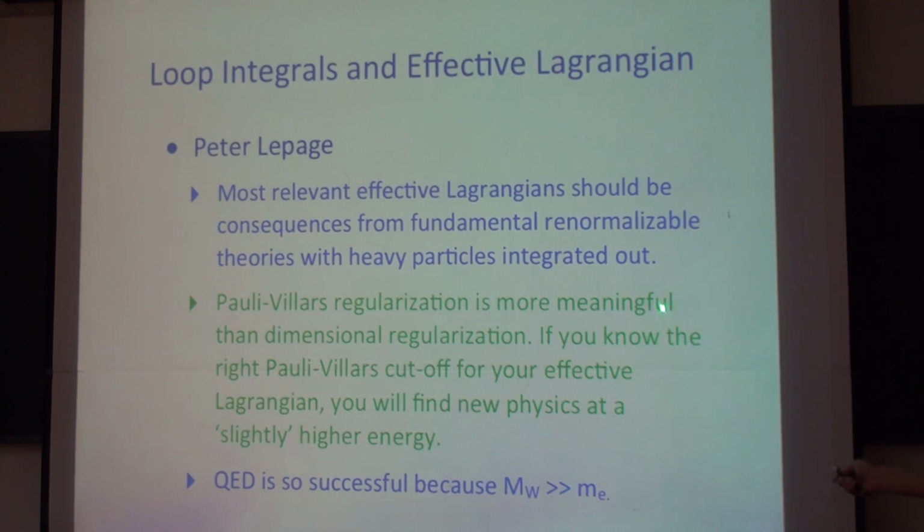So if you behave like Germans, like to do loop calculations, and when you find your loop calculations break down, do not feel upset. Maybe you should feel happy if you follow Pauli-Villars regularization. That may mean something important could happen soon.